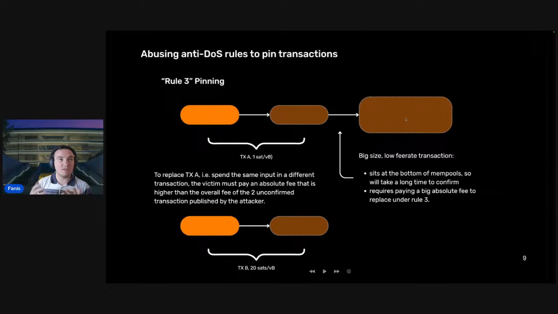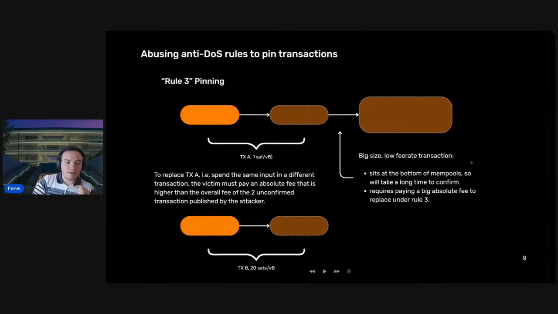So the satoshi per vbyte is quite low. This means that this transaction, and so the whole package, will be at the bottom of the mempools, and miners will not pick this transaction until they have cleared a lot of other transactions that pay more fees for the space they are taking in the blocks.